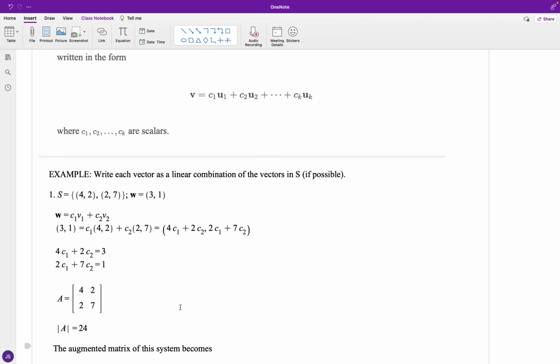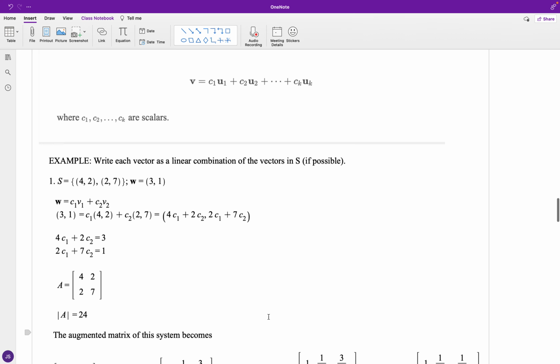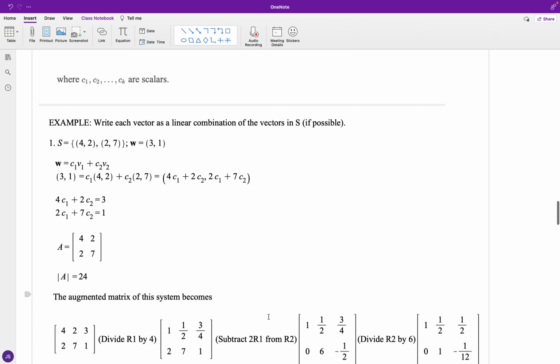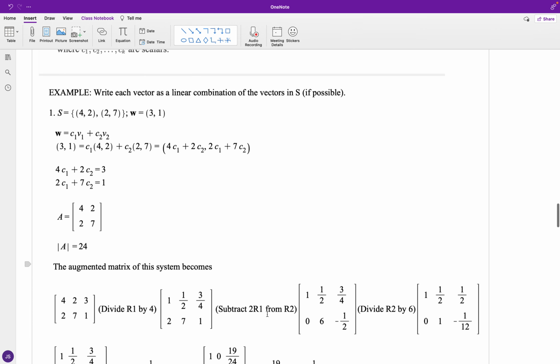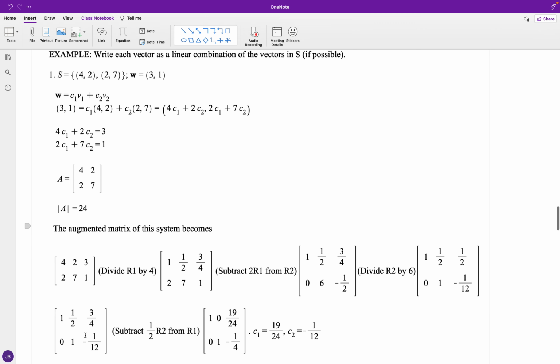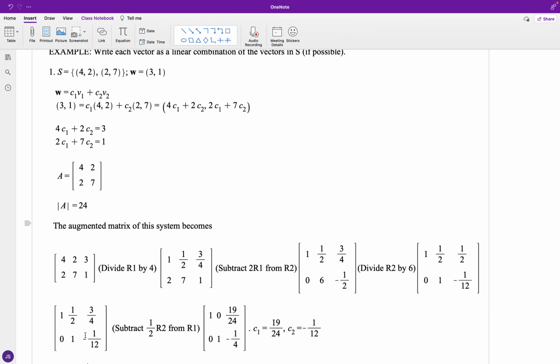Now, in finding out what the scalars are going to be, we can take the system of equations and write it again as an augmented matrix. So we have 4, 2, 3, 2, 7, 1, and we put it in reduced row echelon form.